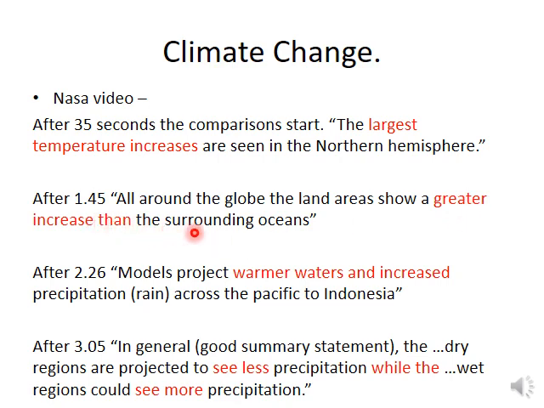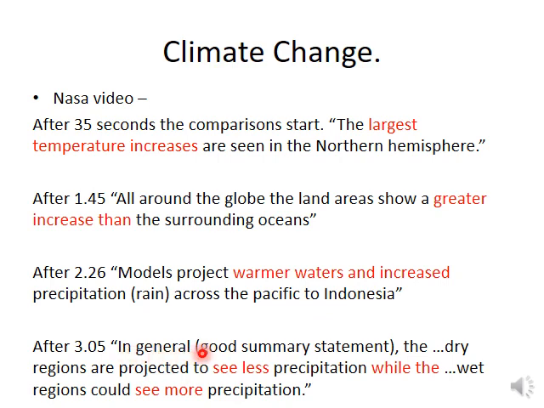Here we see greater than the surrounding oceans. The next one, models project warmer waters and increased precipitation. Warmer. So you're comparing the temperature of the water to what it was before. It is warmer than it was before.